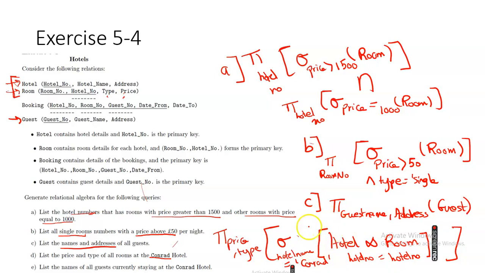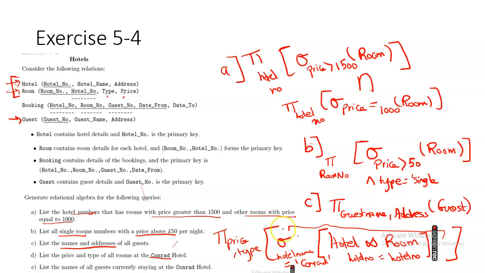Now after this part, we have a list of rows with the hotel name equal to Conrad and all the details of these rows. But we do not want the whole row. We just want to get the price and the type of the room, and that's why after making this query, we projected on the price and the type.